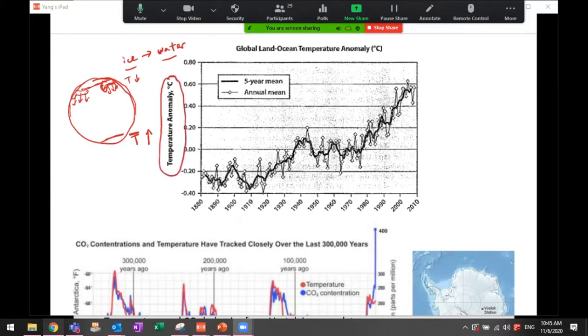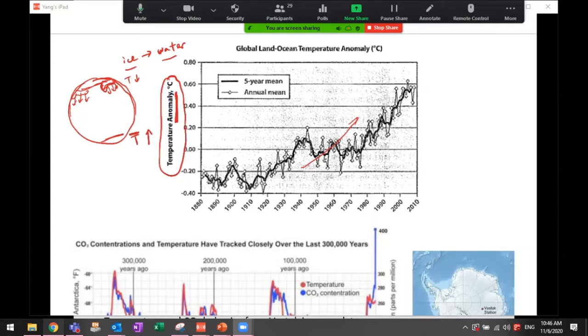So instead of using the absolute temperature, they compare the temperature against the recorded average temperature over the past tens or hundreds of years, okay? So we're showing this temperature anomaly here. If the anomaly is biased to the higher range, it means that there is indeed a warming effect, right?